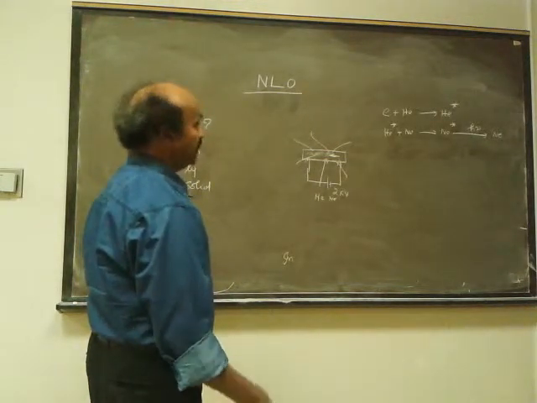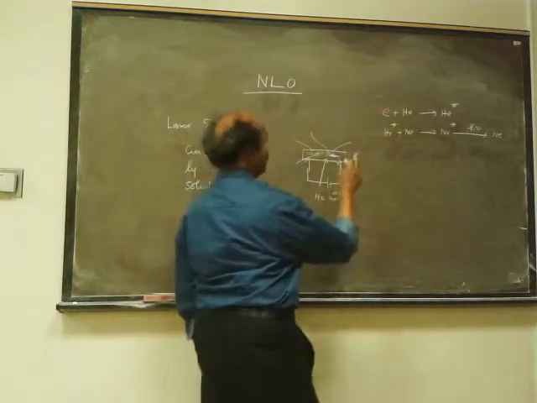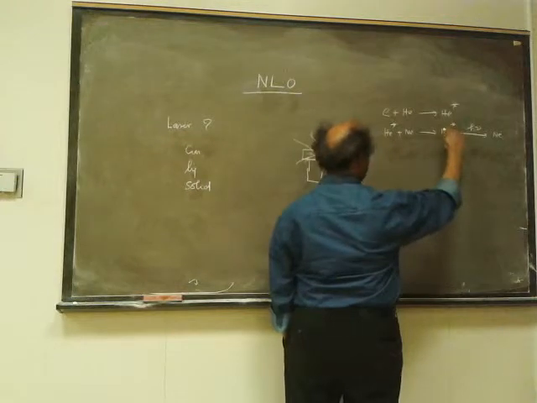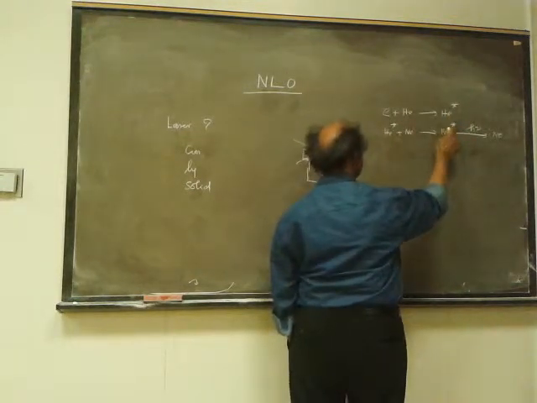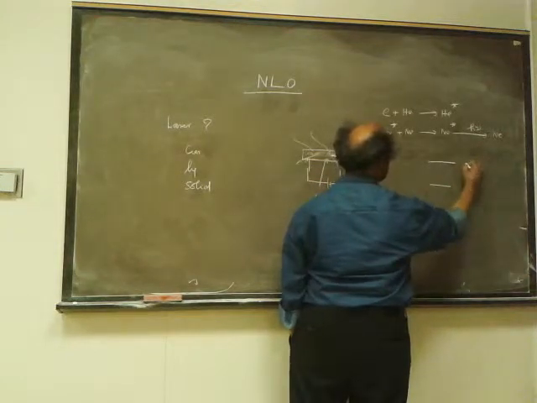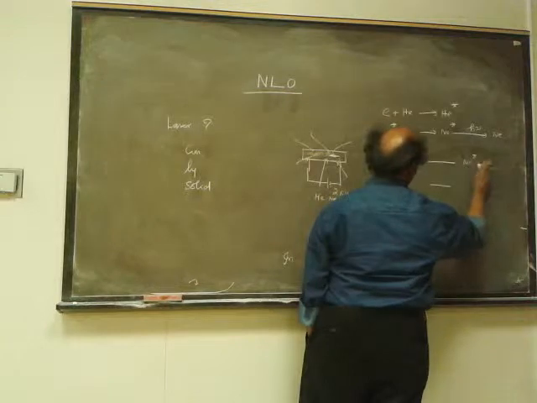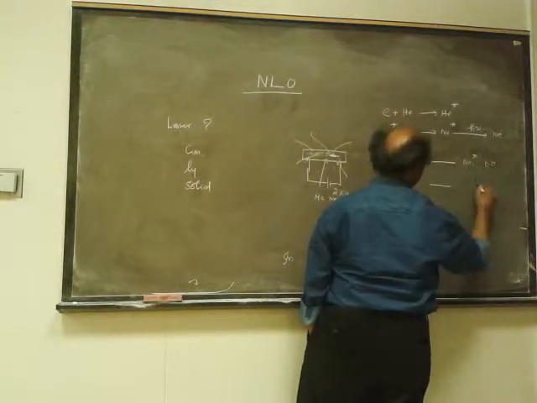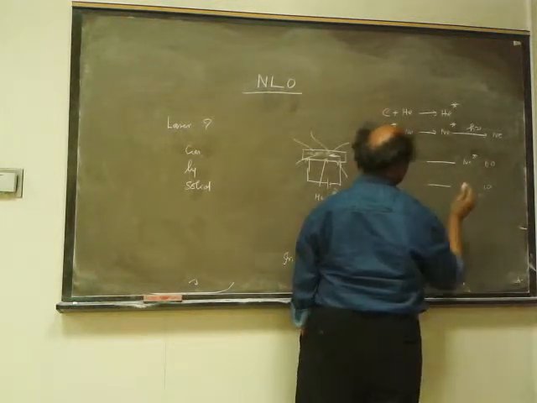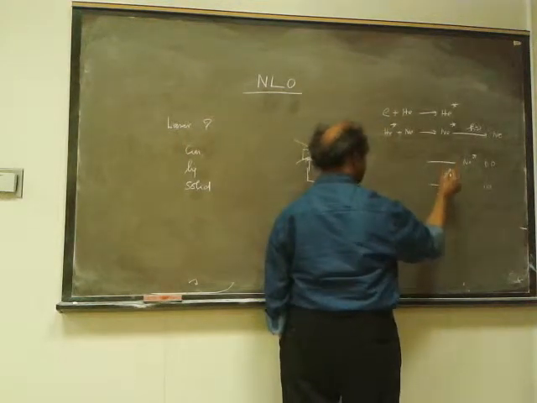Second step, if the excitation is really strong, you will have plenty of atoms in the excited state of neon. Let me say this is 60, this is only 10, you have produced population inversion from here to here.